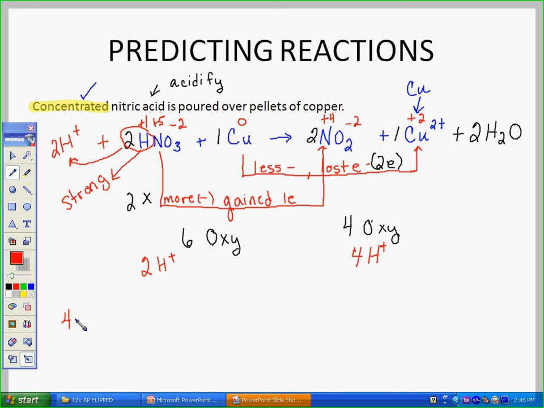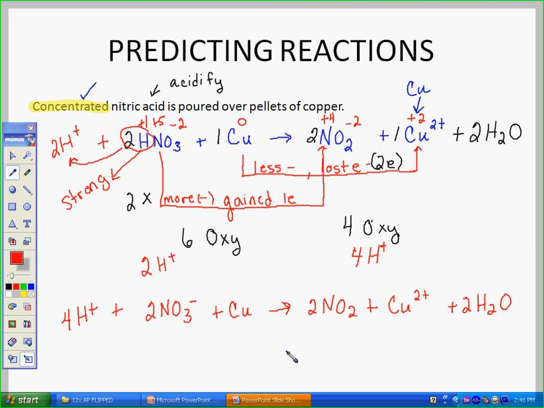So I would have 4 H pluses plus my 2 nitrates from the dissociation of the acid plus copper yields 2 NO2 plus copper 2+ plus 2 waters. So that would be my balanced net ionic for this reaction. Okay, let's go on to the next one.